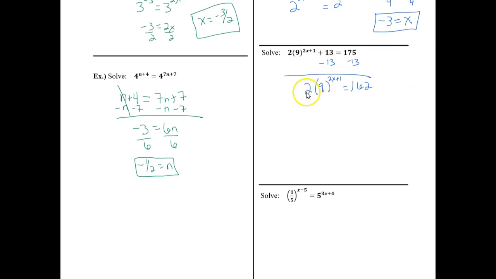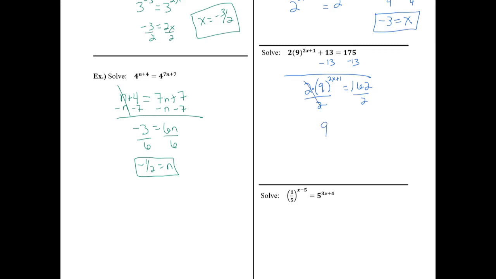Now you might have the urge to multiply these, but you can't. Exponents is a higher level of operation than multiplication. You cannot multiply these two things together. So to get rid of that 2, I have to divide both sides by 2, because it's 2 times 9 to that power. To undo that, I'm going to divide.